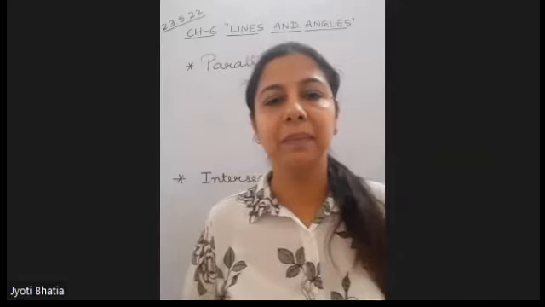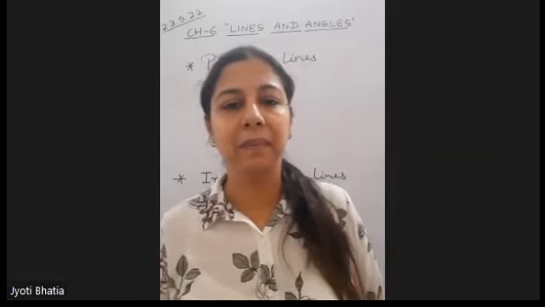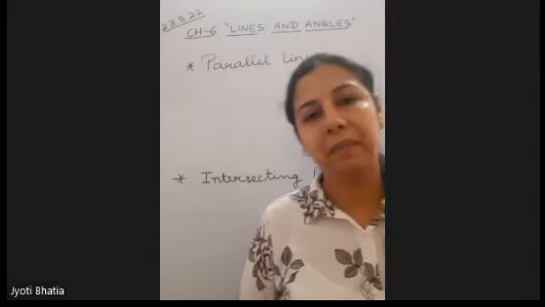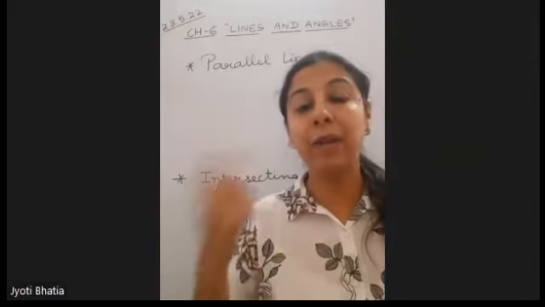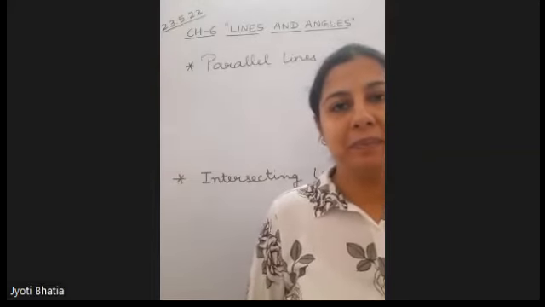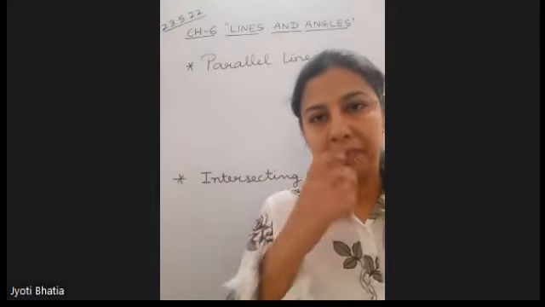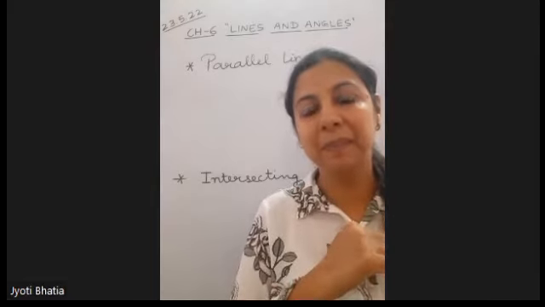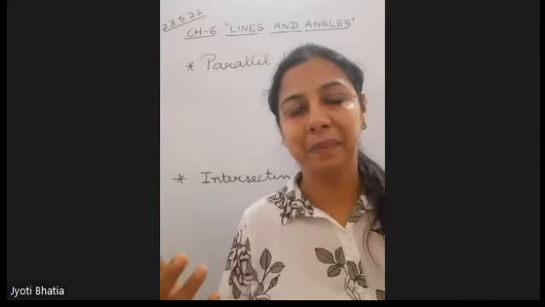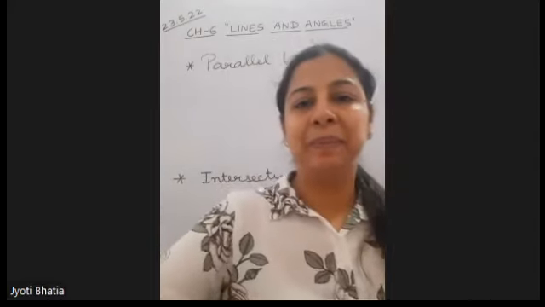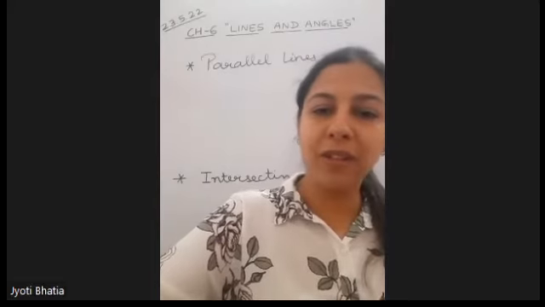The lines which are starting from different points and not meeting at any point. My question is why they are not meeting? Ma'am, because they have space between them which is not giving. Which is what? Keep trying, no problem.